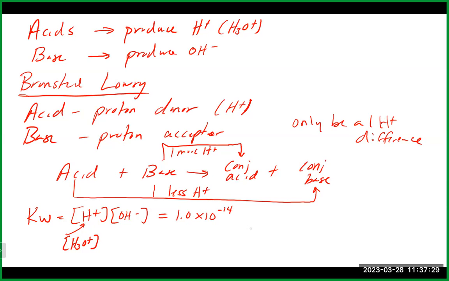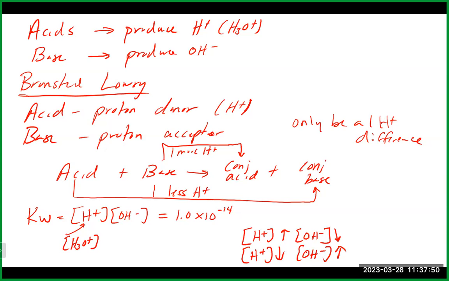As one goes up, the other goes down. So as the H plus concentration goes up, the OH minus concentration will go down, and as the H plus concentration goes down, you will see the OH minus concentration increase.